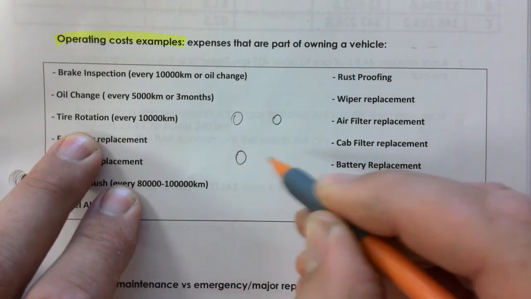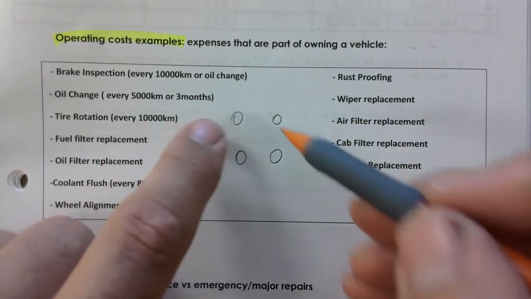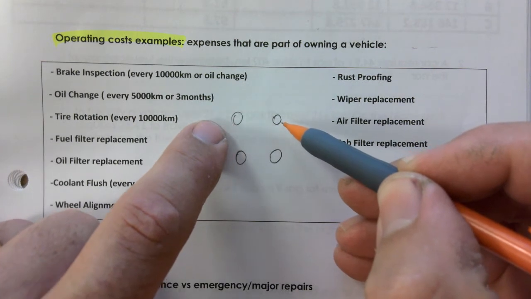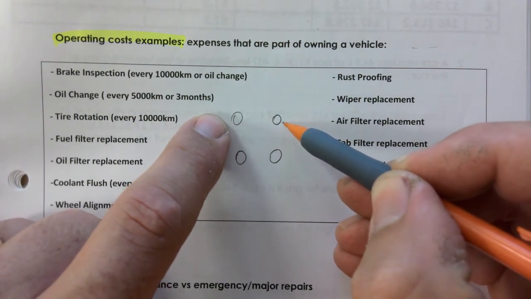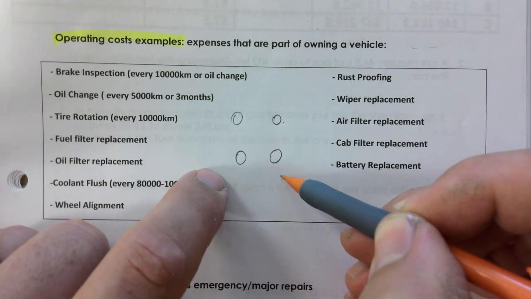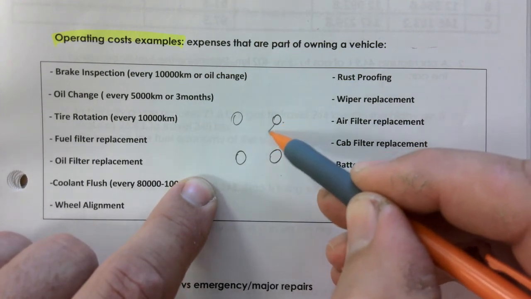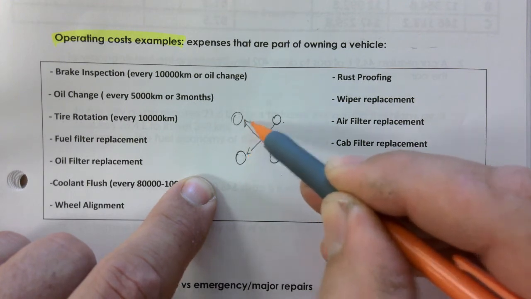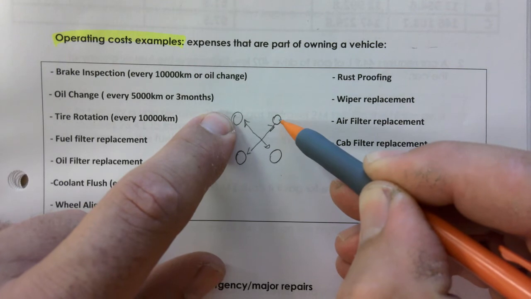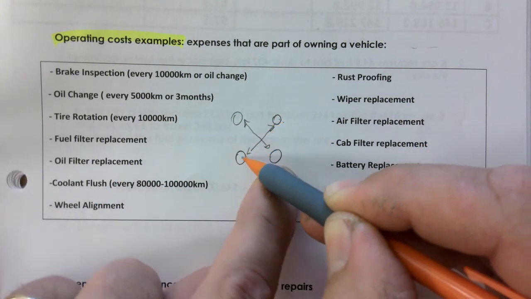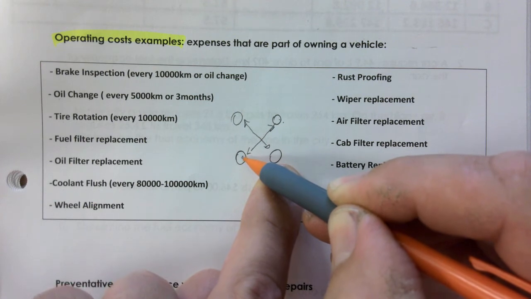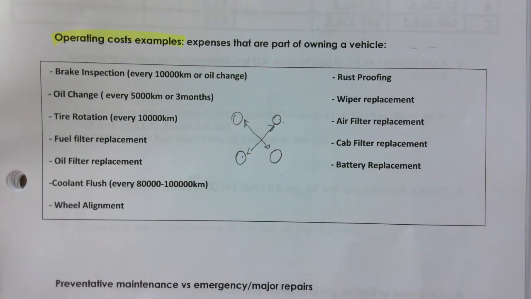If your car has 4 tires, let's say your car has front wheel drive, okay? What's going to happen is those tires are going to wear out sooner than the rear. So what do you want to do? Once a year, mechanics or shops will take the front two, swap them to the back, but also cross them over, just in case there's uneven wear.